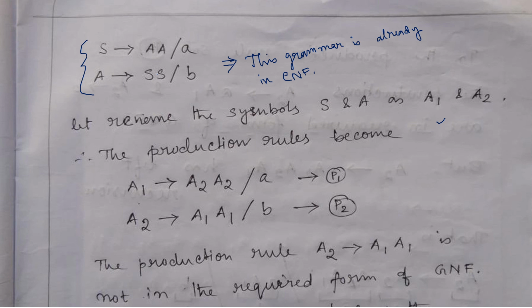So the elimination of unwanted symbols from the grammar, then CNF, then GNF, all in a particular workflow. So in this way, you can go through the grammar, the production.